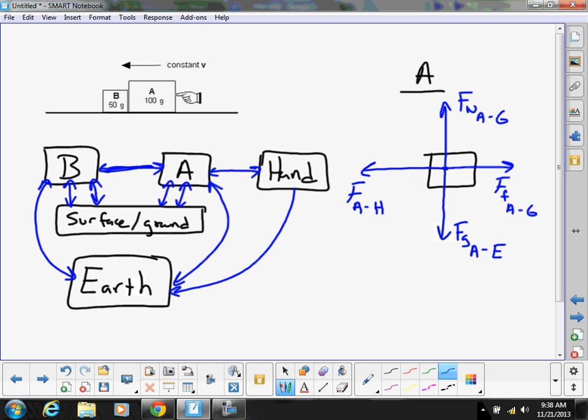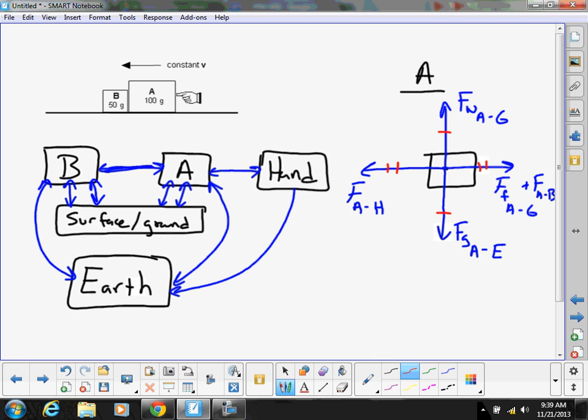We would not have a second arrow pointing back to the right, but rather we would add it to our diagram, force on block A by block B. So to the right on block A, we actually have two forces. We have the force of block B pushing back on it, and we also have the force of friction acting on it. And those two forces combined are balancing out the push by the hand, just like the normal force and the force of gravity are also going to be balancing each other out.